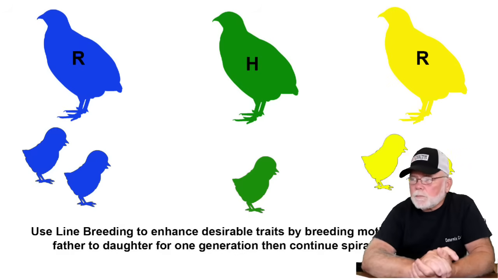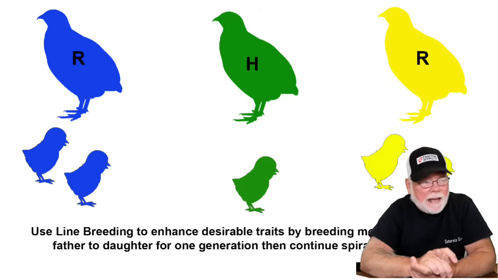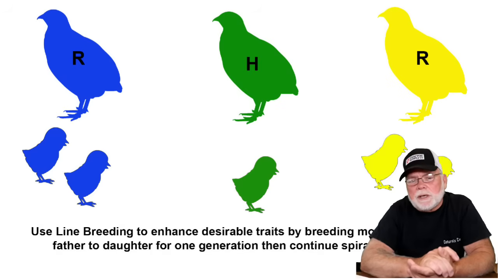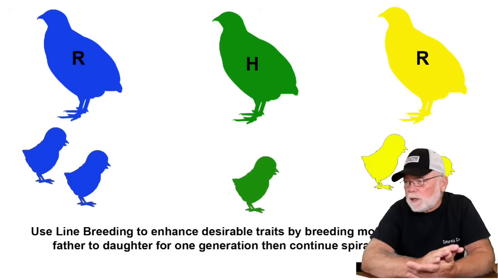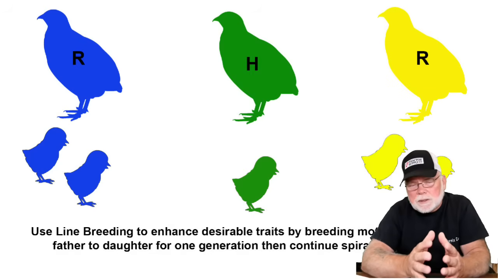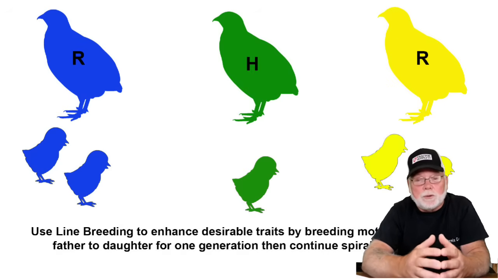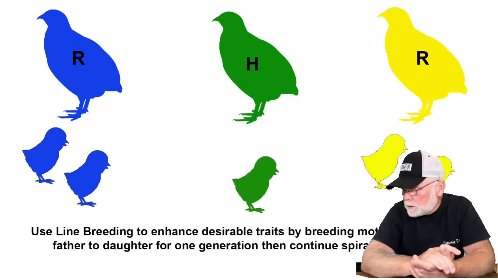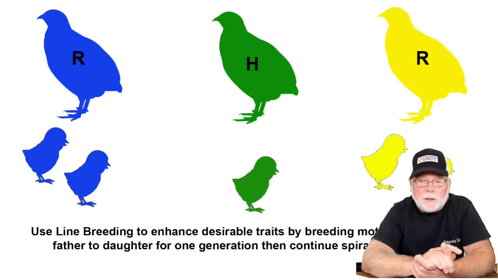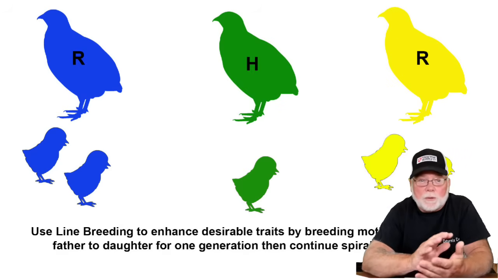I want to talk a little bit about line breeding. I hear a lot of people say, how many generations can I breed before I need to replace my bloodlines? First off, if you're doing a spiral breeding program, you should really never have to bring in new blood. It's a little bit iffy if you do bring in new blood because, one, you have no idea where the bird's origins are.